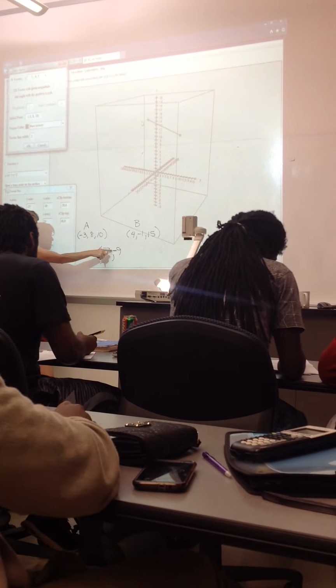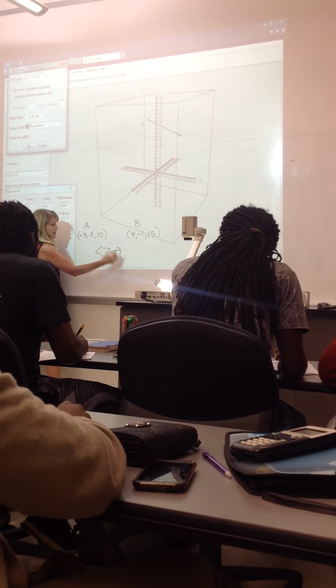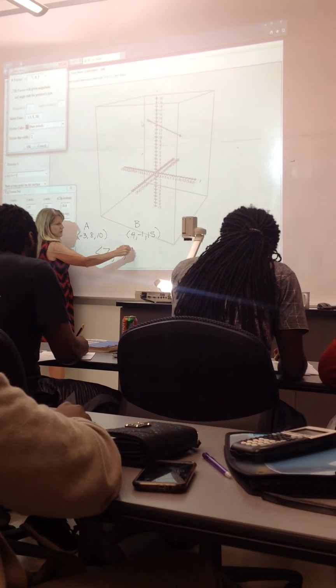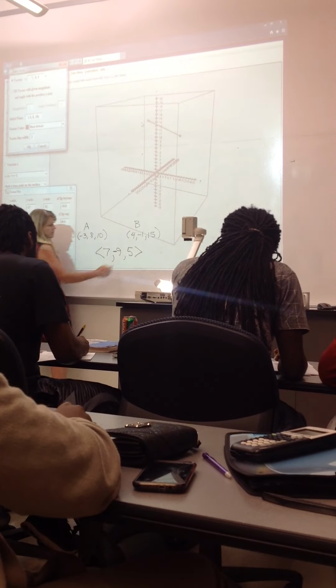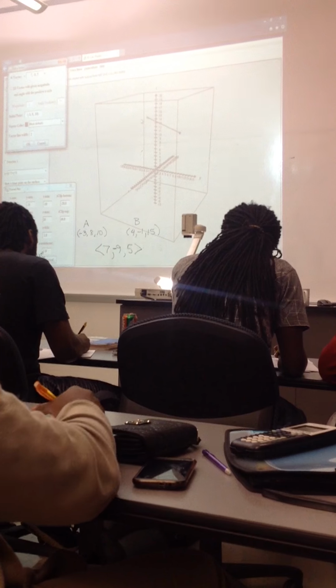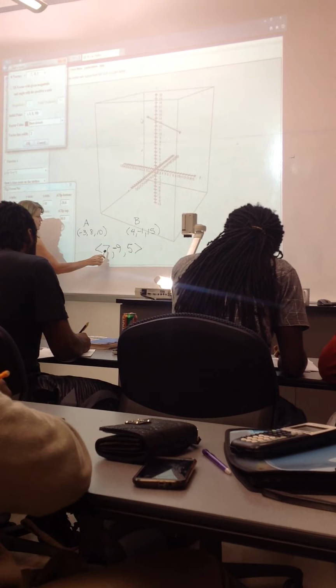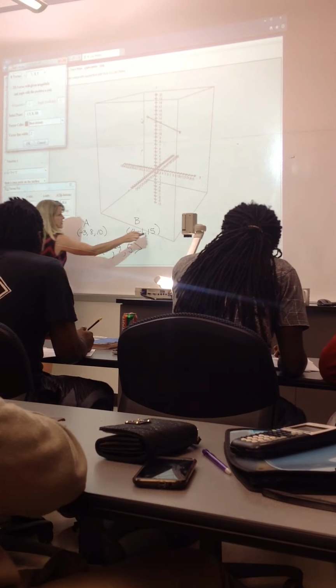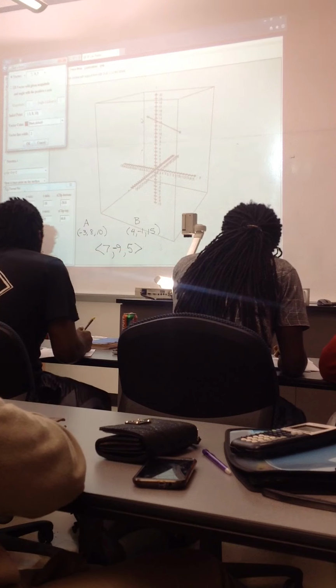But down in value, so -9. If I'm at 10 and I go to 15, how much did I go up in value? 5. Okay, so the difference in my x coordinates is 7. The difference in my y coordinates is -9. The difference in my z coordinates was +5.